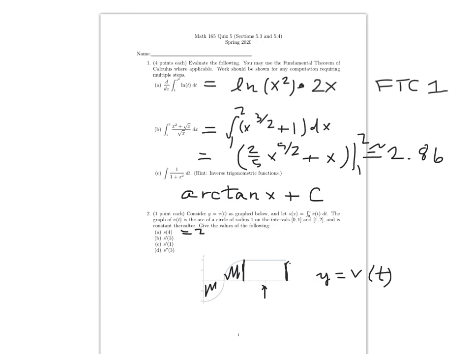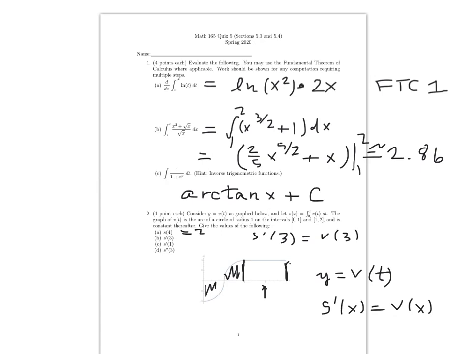All right. Now, the next problem asks us for S prime of 3. And remember, according to FTC Part 1, S prime of x for any x is just equal to the function inside, v evaluated at x. So for S prime of 3, right, S prime of 3 is v of 3.